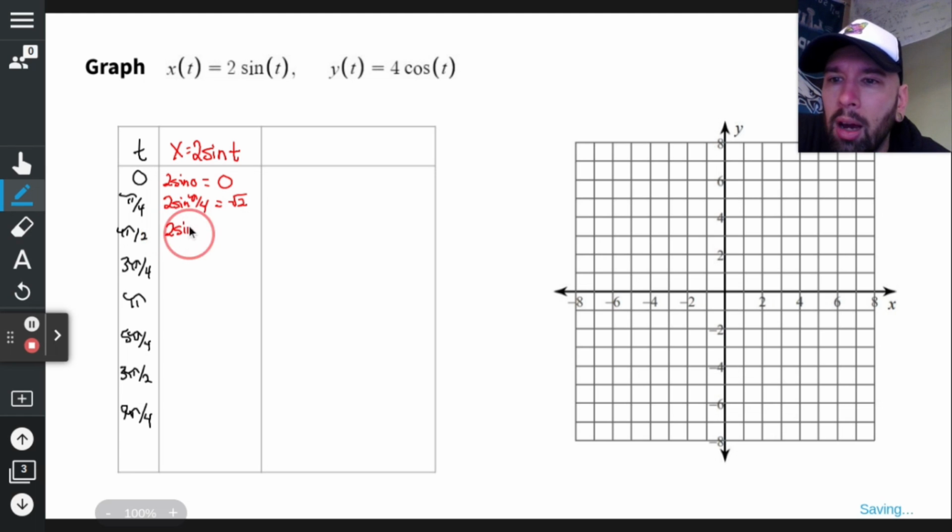2 sine pi over 2. Sine pi over 2 is 1, so 2 times 1 is 2. 2 sine 3 pi over 4.